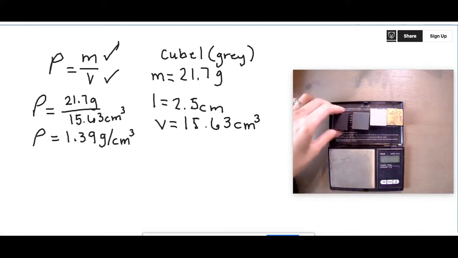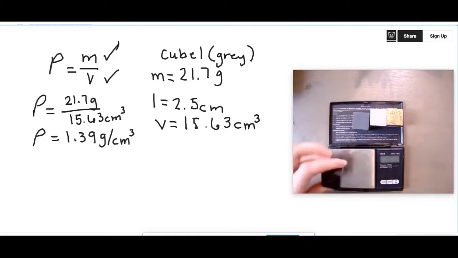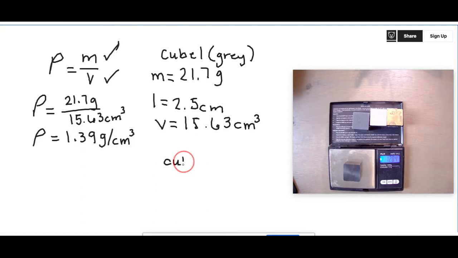We'll then go ahead and repeat the exact same process for our second cube. Now, I'll go ahead and turn my scale on, make sure it's zeroed, and place it on the scale. You can see there that for cube 2, we'll just call this black, it's a darker gray.